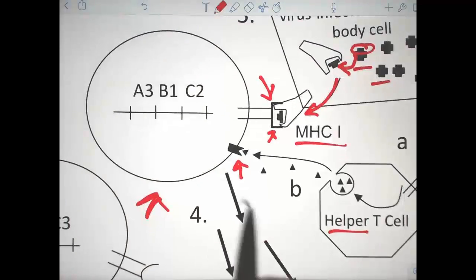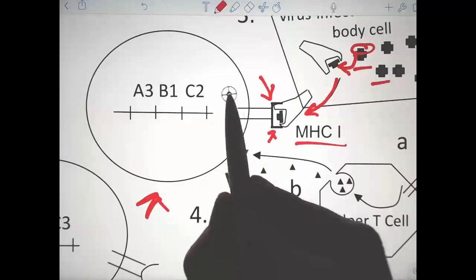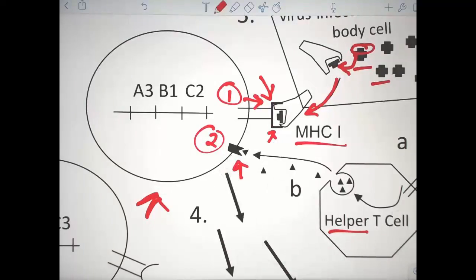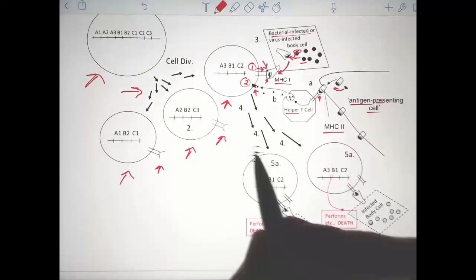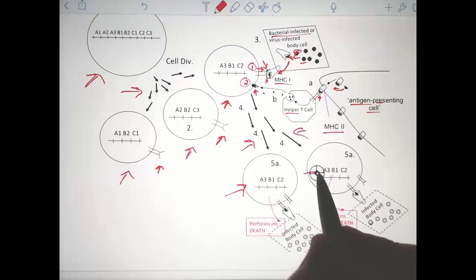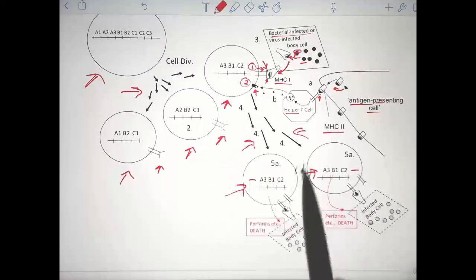And so our specific T cell becomes activated only if it gets both of these events. Has to bind and has to receive this signal. Once it does, it goes through many rounds of cell division to make many identical copies. Notice that these are the same A3B1C2, A3B1C2.